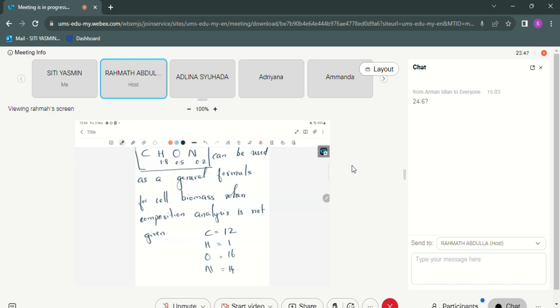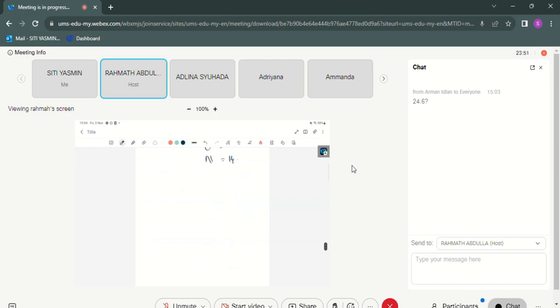So substitute. Okay, this was the dry weight, isn't it? CH1.8O0.5N0.2. Now we have carbon to be 12. So we have one atom, isn't it?